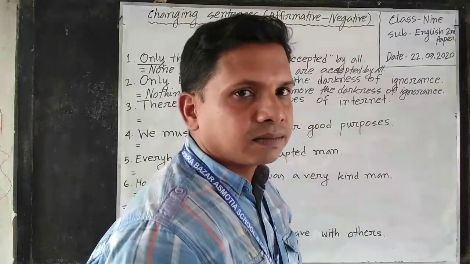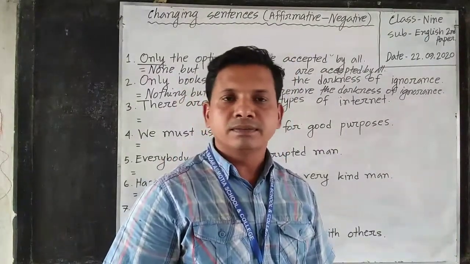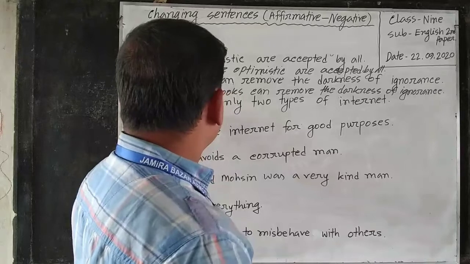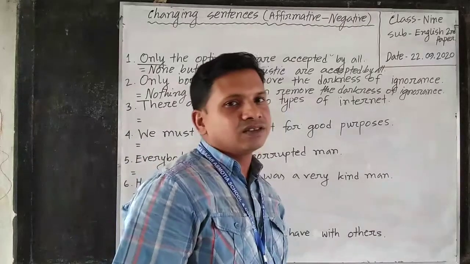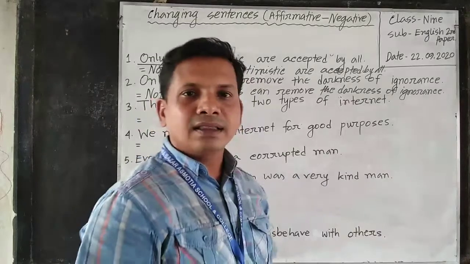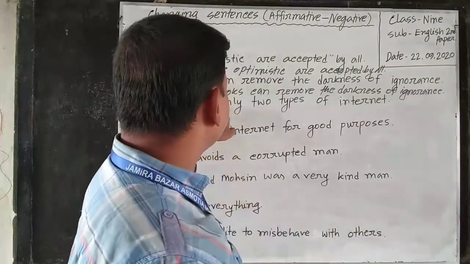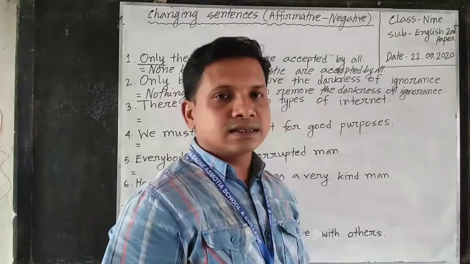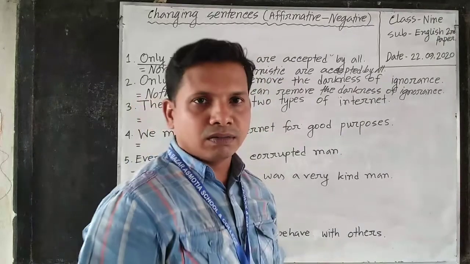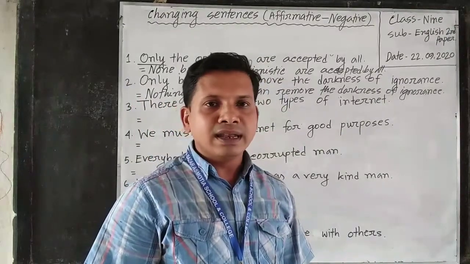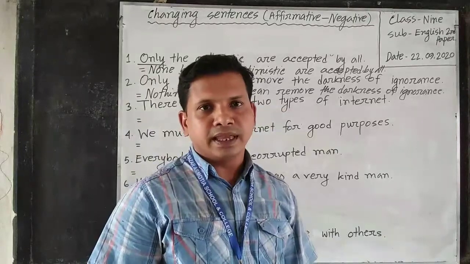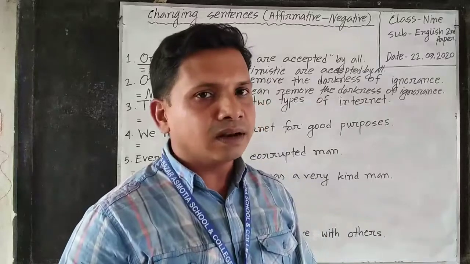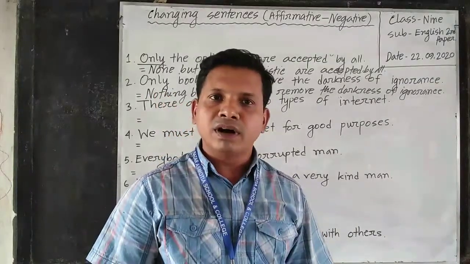So dear students, I think you have got it. Now the third sentence. The third sentence also contains only, and here the word only indicates numbers. We know if the word only indicates any number, then we will use not more than or not less than instead of the word only.